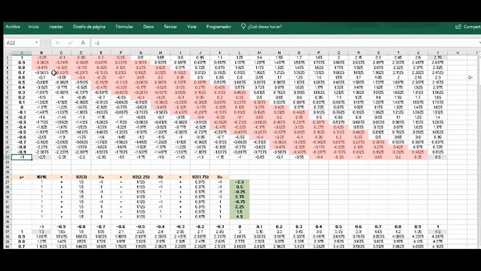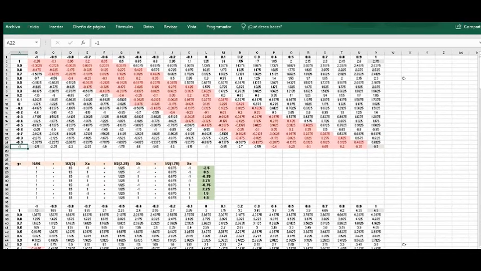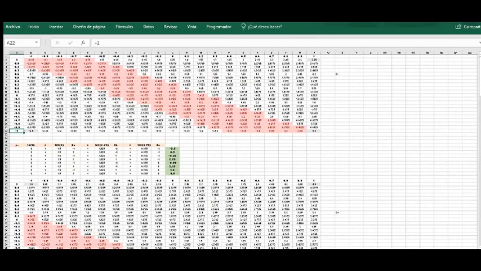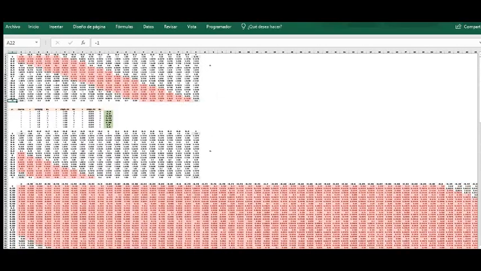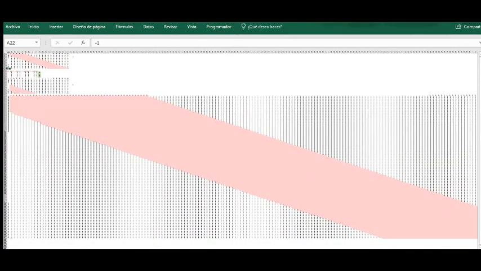We have these pixels that can be softened if we do a bigger plot. This is a plot of 200 by 200, and we can see all of this range that we can work on.